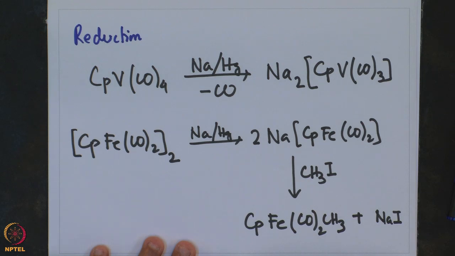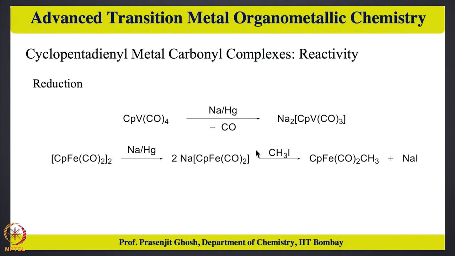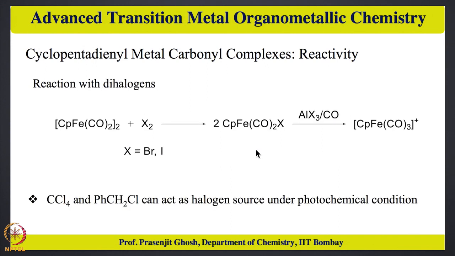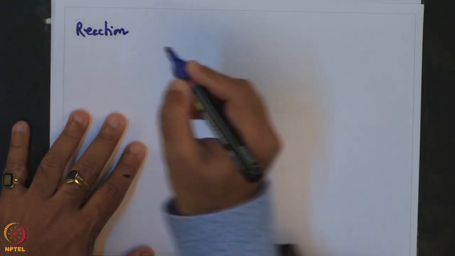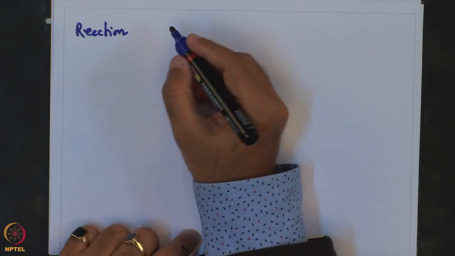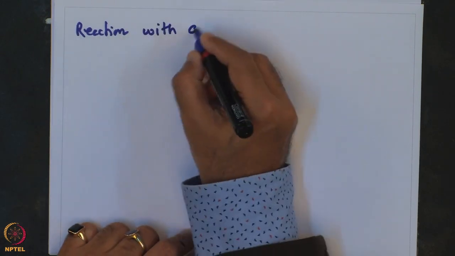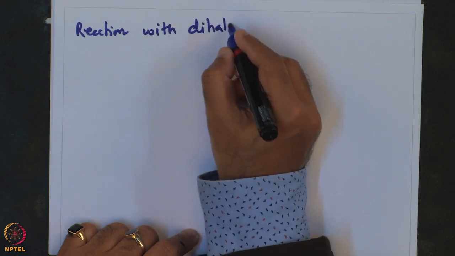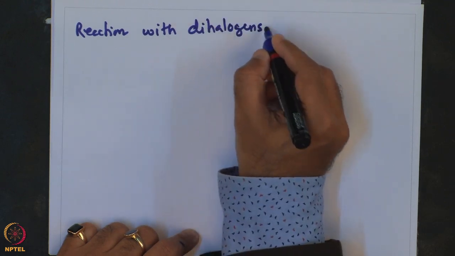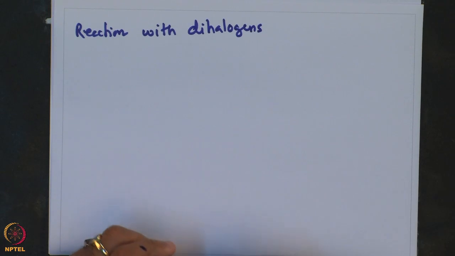So, certainly reduction is an important reaction for cyclopentadienyl metal carbonyl complexes. Similarly, the reaction with dihalogens makes the halide complexes.